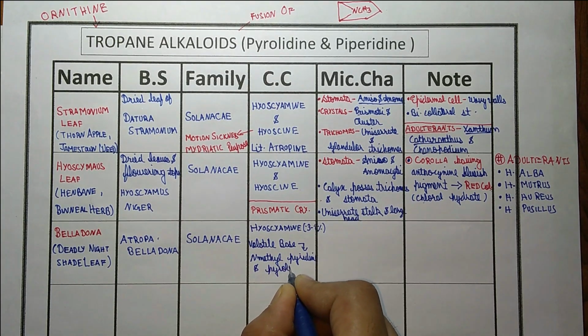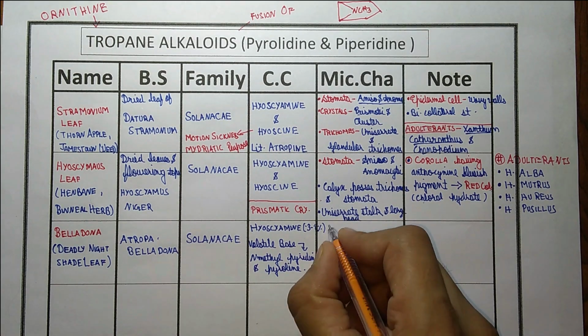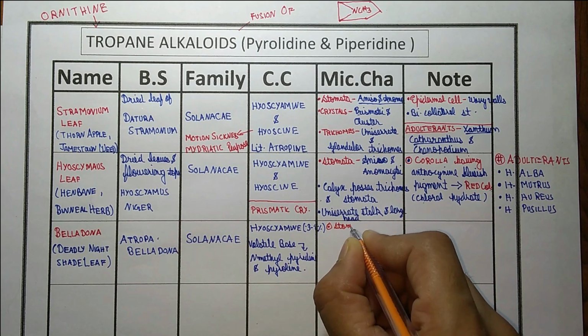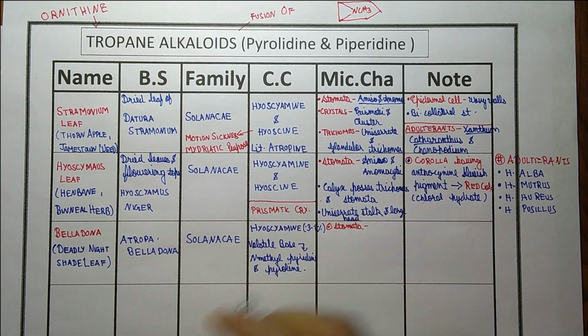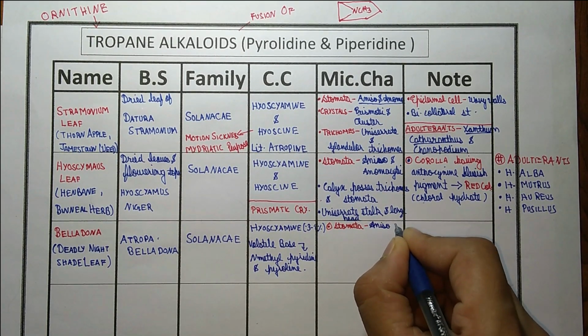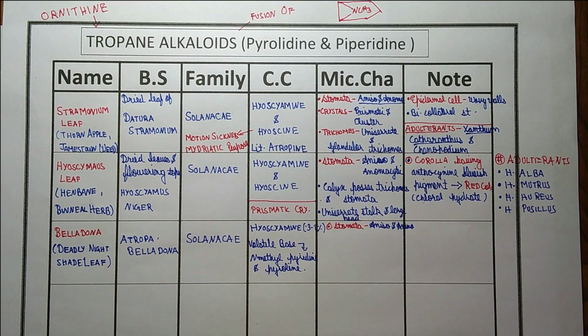Now coming to its microscopical characters: it has the same stomata, anisocytic and anomocytic, aniso and anomo, and it has microsphenoidal sandy calcium oxalate crystals.